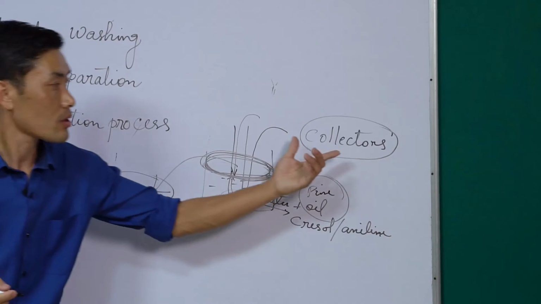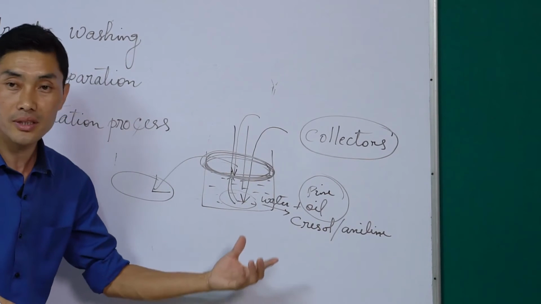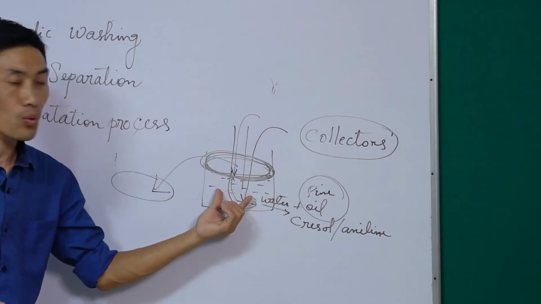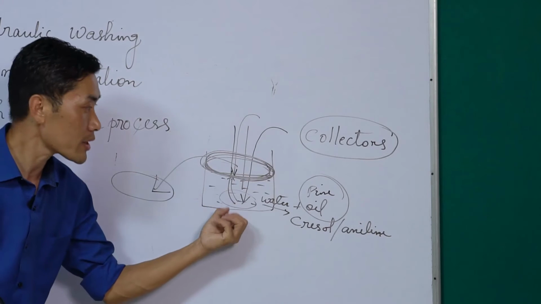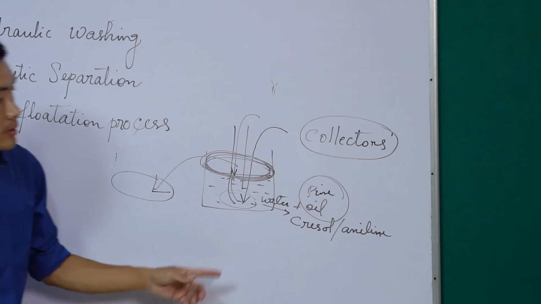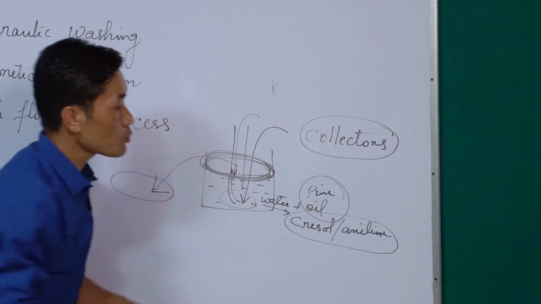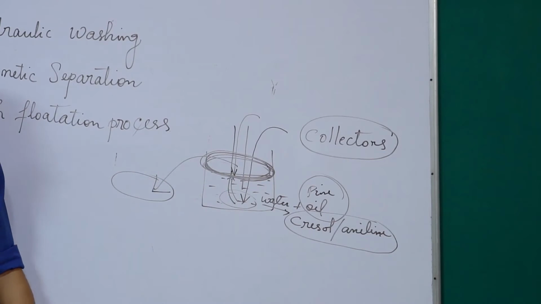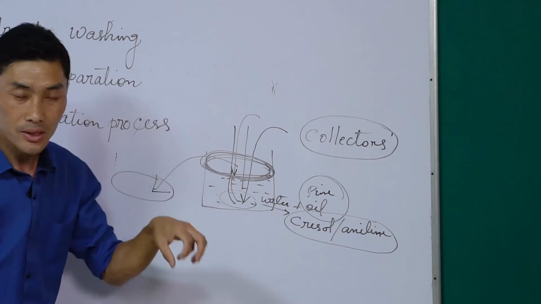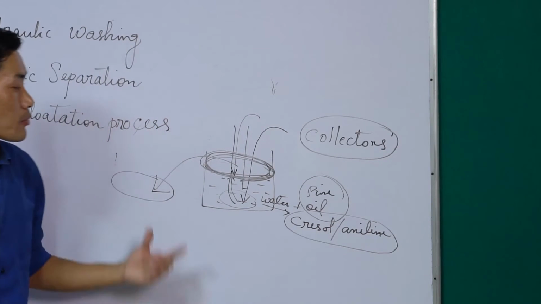The function of these collectors in this process is to increase the non-wettability of the ore in the water and to collect the ore particles from the mixture. Substances like cresol or aniline, which are also put into the mixture here, act as froth stabilizers. And as the name suggests, they stabilize the froth.